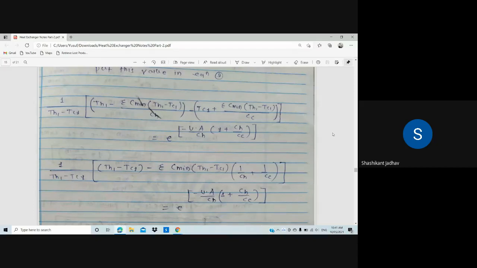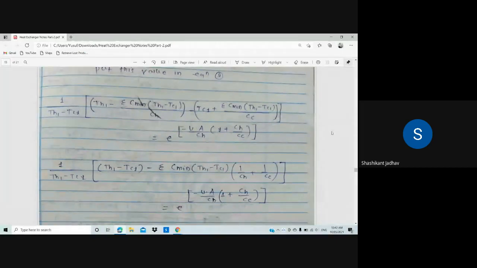So from that two brackets, in one bracket we have to write down the th1 minus tc1, and the remaining terms we have to write down in the another bracket. So whatever the remaining terms, in that we have to take the common as the epsilon into c minimum into bracket th1 minus tc1, and what is in the bracket, that is 1 upon ch plus 1 upon cc. तुम्ही simplification करा.